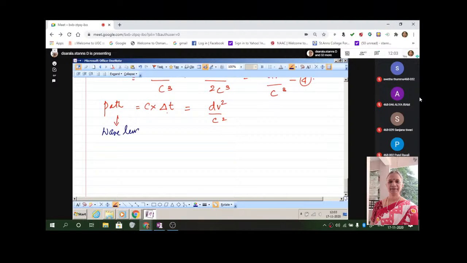I think you know what a wavelength is. If you take one time period, our distance is 1 lambda, the wavelength. So we can write the path difference: d v square by lambda c square is your path difference.